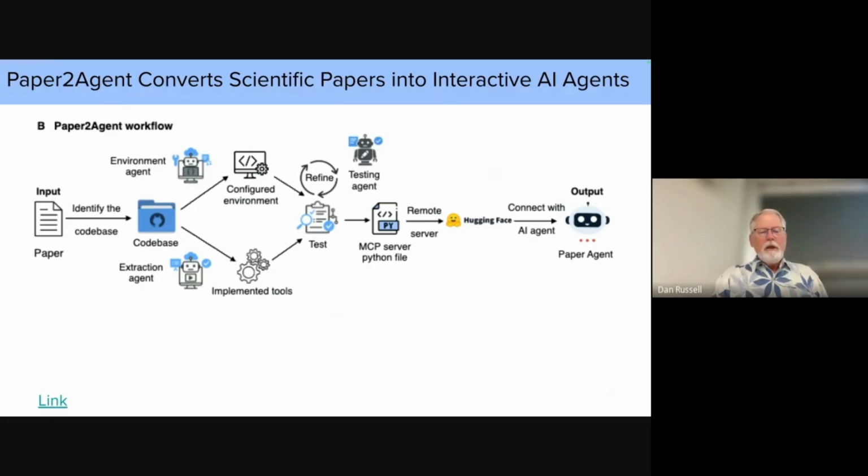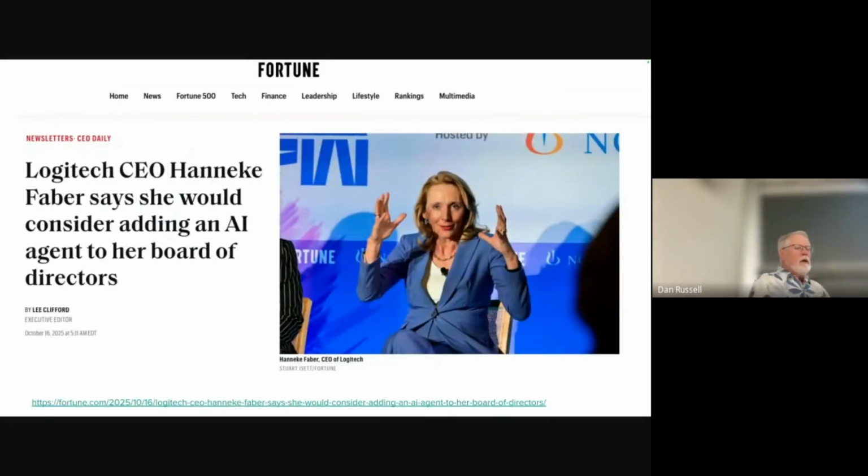Cool. That's thing one. Thing two, Logitech CEO Hanneke Faber said she would consider adding an AI agent to her board of directors. I have no idea what to say about that. It's either a bold move or just silly, because I suspect that AI agents will just become part of the background. I think it's a little bit like saying, I'm going to add a spreadsheet to my board of directors. You could, but that would seem foolish.